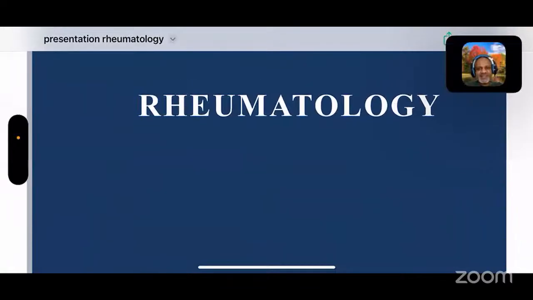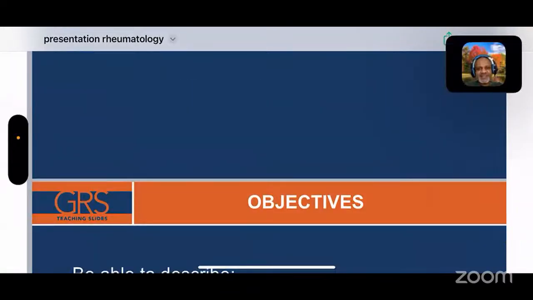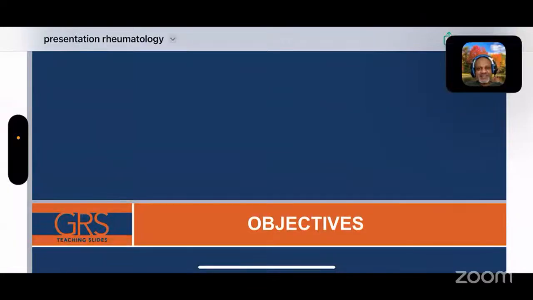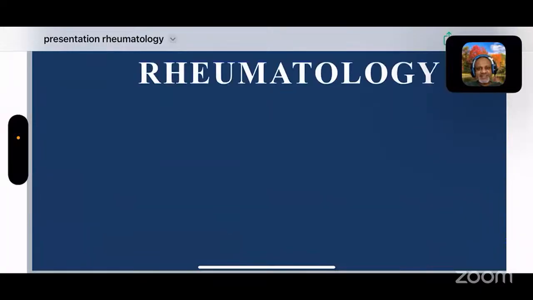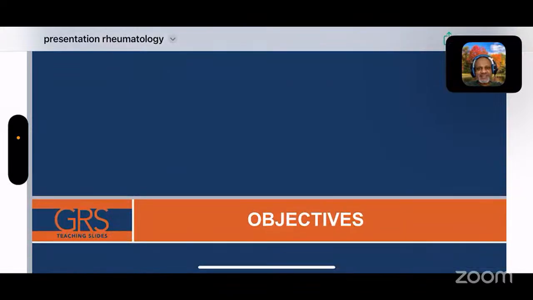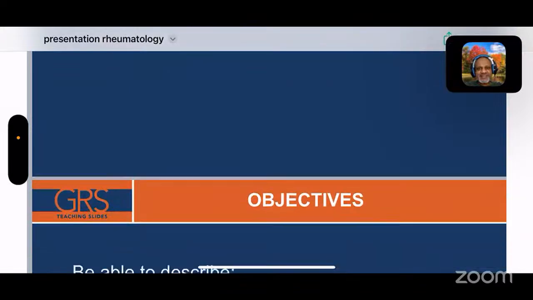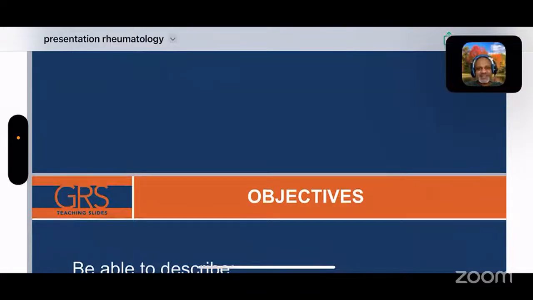So today our topic is about rheumatology. We'll start with our objectives. Our rheumatology chapter is to be able to describe how the clinical presentation of rheumatological disease can vary, the components of a thorough physical examination for investigating rheumatoid complaints, how to differentiate between different rheumatological diseases, and evidence-based management of rheumatological disease.